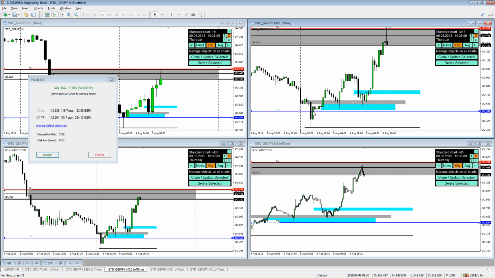Okay, let me ask you, why did you take the first TP there? Why do I mark the first TP here? Because this is the first support that I see. This is like minor support. I don't count this. This is weak support.